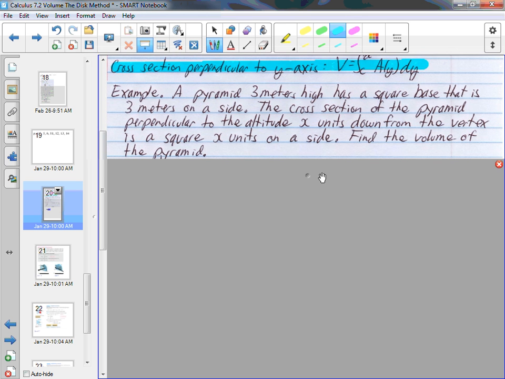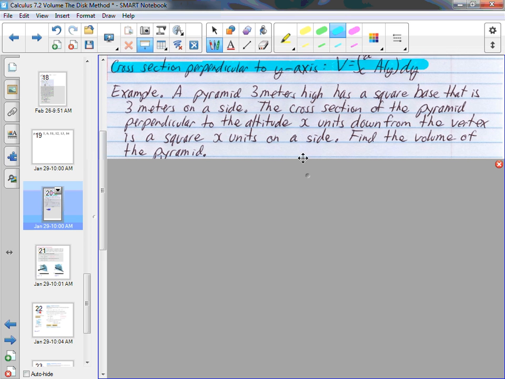Can we find the area of a square? Hopefully. The cross-section of the pyramid, perpendicular to the altitude, x units down from the vertex, is a square x units on a side. Find the volume of the pyramid.